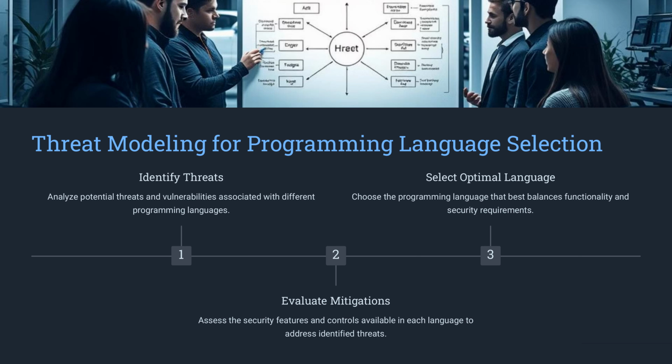Next, we evaluate available mitigations by looking into the security features and controls of each language, which assist in addressing these identified threats. Finally, it's about selecting the optimal language. This involves choosing a language that provides a balanced mix of functionality and security according to your project's needs. Making a well-informed choice here ensures that you're setting a strong foundation for secure coding practices going forward.